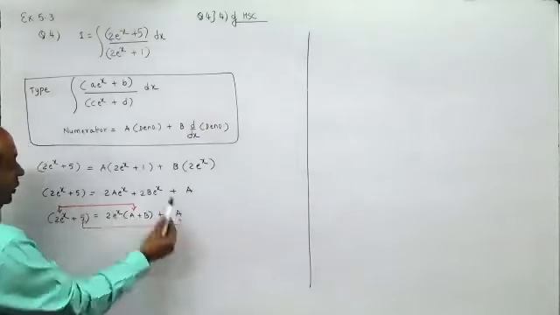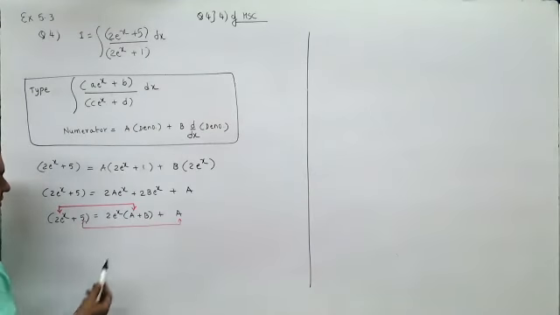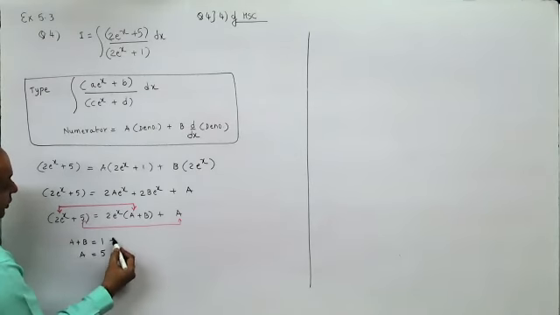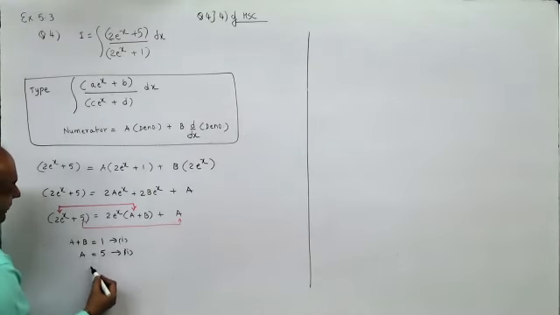So have you followed this particular part, everyone? This would be a plus b equal to 1 and a equal to 5. Now when you solve this, you will get 5 plus b equal to 1. Therefore, b equal to minus 4.